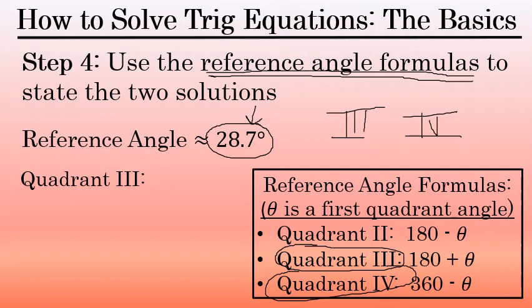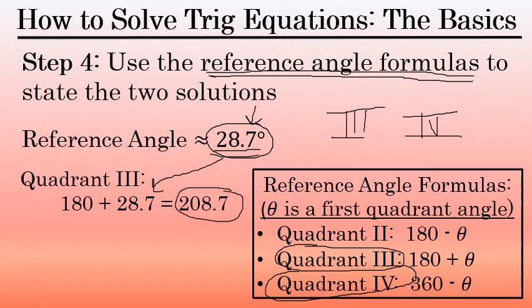Using the quadrant 3 reference angle formula, 180 plus theta, in this case 28.7, 180 plus 28.7 is 208.7 degrees. This angle of 208.7 degrees is one of the two solutions to our original equation. The second solution will be located in quadrant 4.